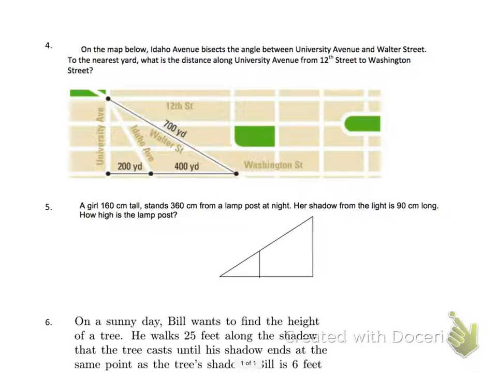Now we can see a little more clearly that these triangles we've been practicing with in our different handouts are used frequently in the real world to model certain situations. And in this situation, these lines represent real-world connections.